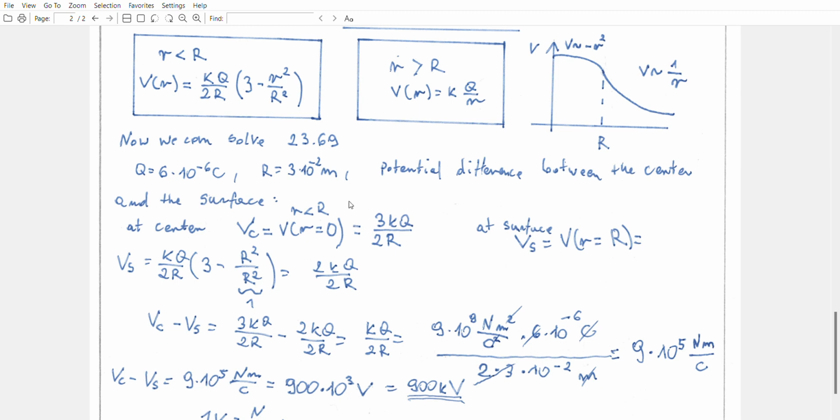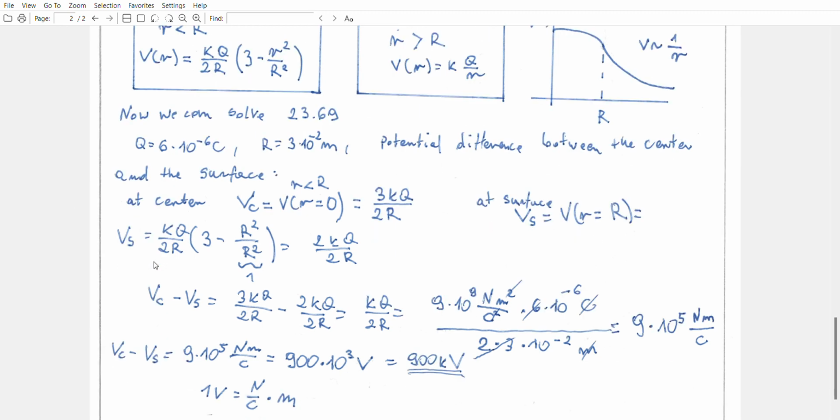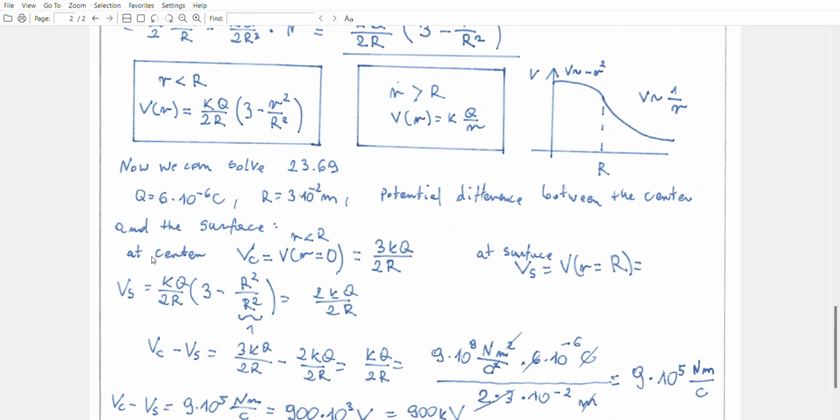Okay, having the whole set of equations that we need, we can finally solve the problem. In the problem, we are given the charge, 6 microcoulombs, which is 10 to minus 6 coulombs, and the radius of the sphere, 3 centimeters, which is 3 times 10 to minus 2. We need to substitute, using the proper equation, the value in the center.